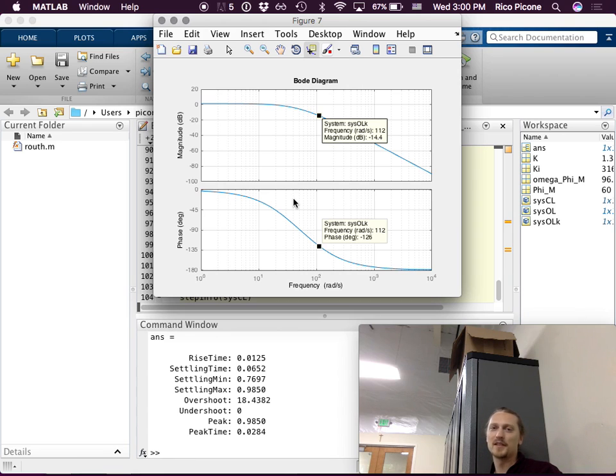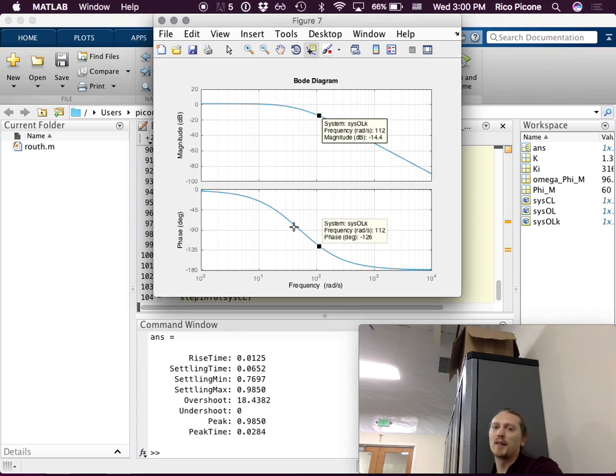So, for instance, we never reached negative 180 degrees with this phase, which means that we never crossed that negative real axis. But we do have a phase margin, so you can see when the phase margin goes negative, that's a sign of instability. So we need to make sure that at the 0 dB crossing, there is some positive phase margin.